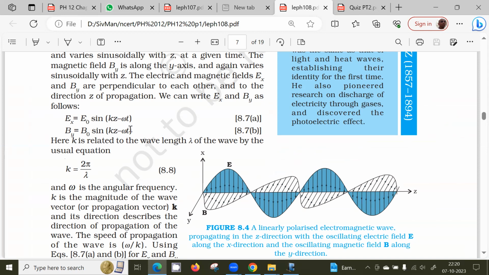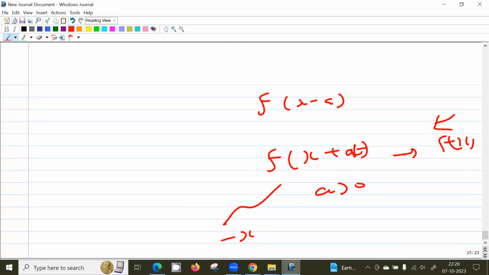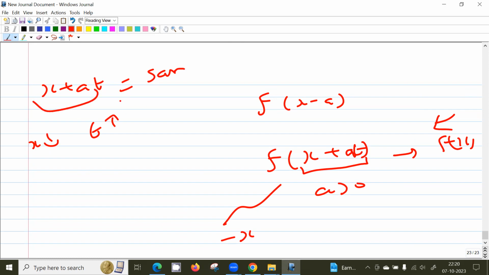See, basically this argument should be constant. x plus omega t should be the same, so as time increases, x should decrease for this combination to be the same. So this is a wave traveling in the negative x direction. But suppose this is x minus omega t, for this to be the same, as time increases, x should increase. So this is a wave traveling in the positive x direction.